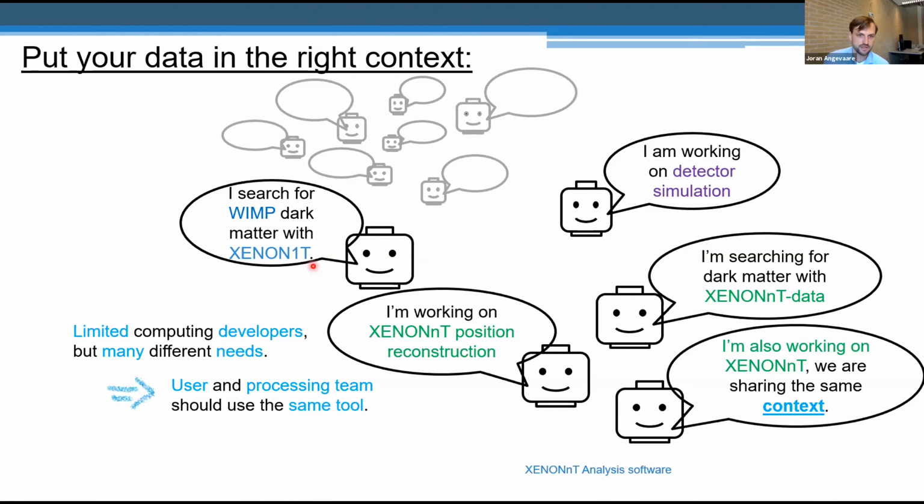For instance, if you're talking about XENON1T data, you might want to have a specific set of options. When you're working on detector simulation, you're maybe having some different options. But everybody who's looking for XENON data, position reconstruction, or dark matter, or anything else concerning XENON, these people all want to use the same options. And we bundle those options in the context.